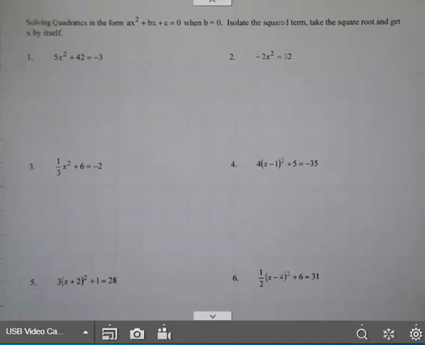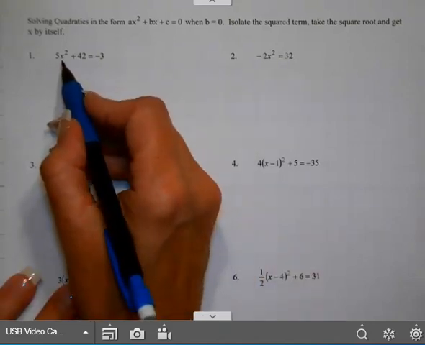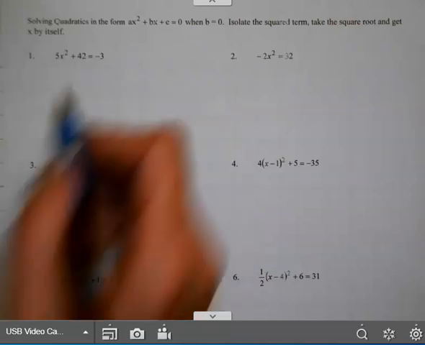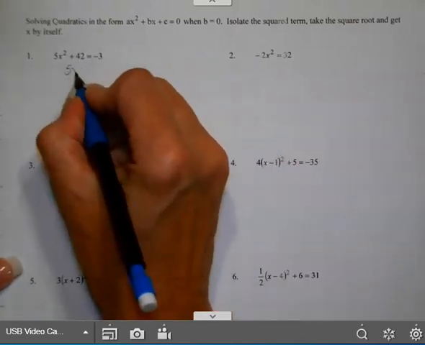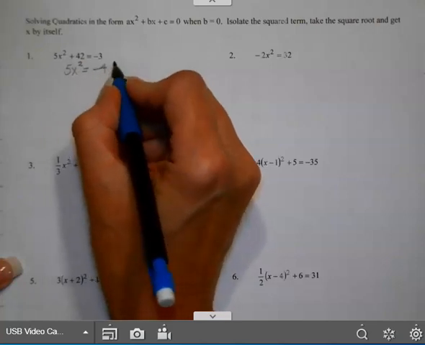We're going to be solving now some problems that may or may not have i. For the first one, I want to get x by itself, so I'm going to subtract 42 from both sides. So that will give me 5x squared equals negative 45.